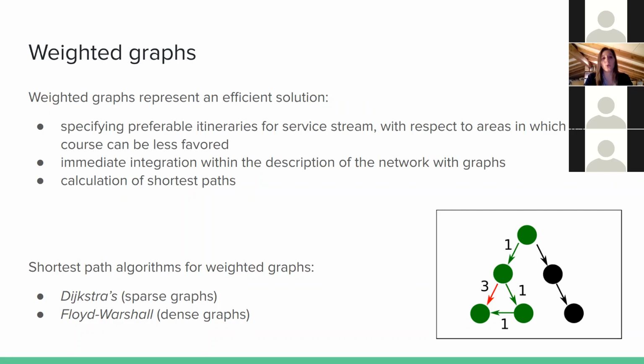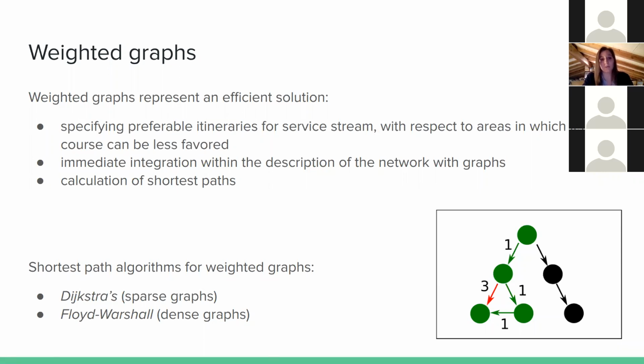So we chose weighted graphs. Weighted graphs actually happen to be a very efficient solution. I told you that we would like to use graphs to model industrial plants. So the main idea is that you have some commodities that flow in these plants, and weighted graph is a really efficient solution to specify the best itineraries for the graph, the best path that you would like to run with respect to other paths and other areas which are less favored for some reason that you may have.